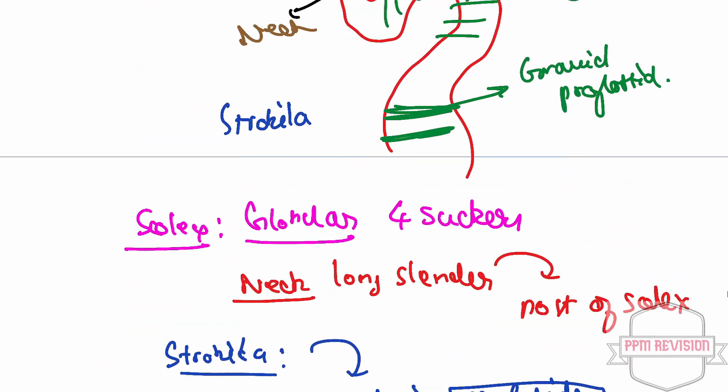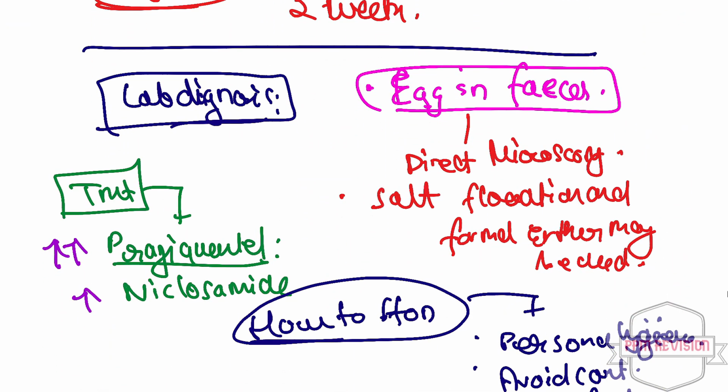Now, quickly summarizing the lab diagnosis. Firstly, we need to know the presence of the egg in feces. We saw the diagram earlier, and then direct microscopy, by seeing the eggs in direct microscopy. Next we have salt flotation and formal ether, which can also be used.